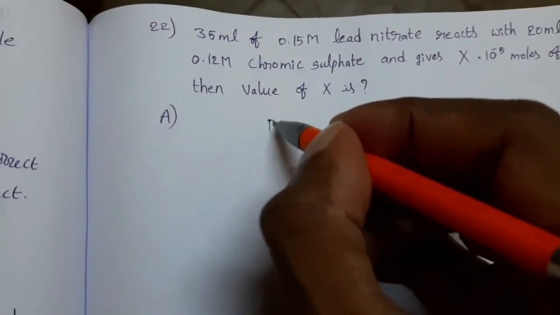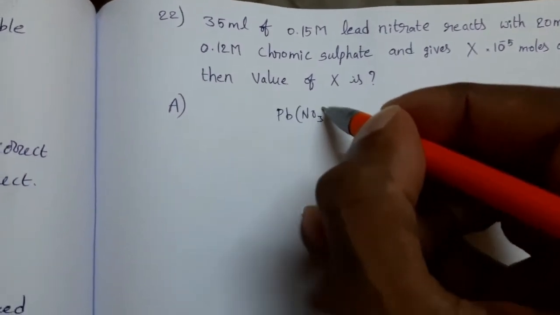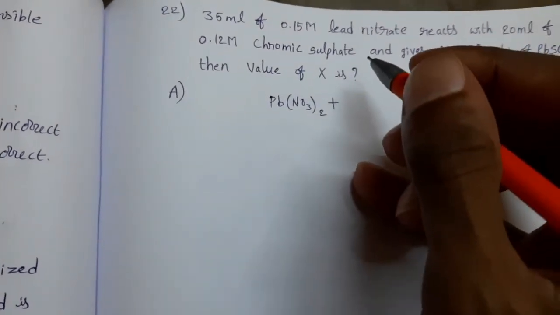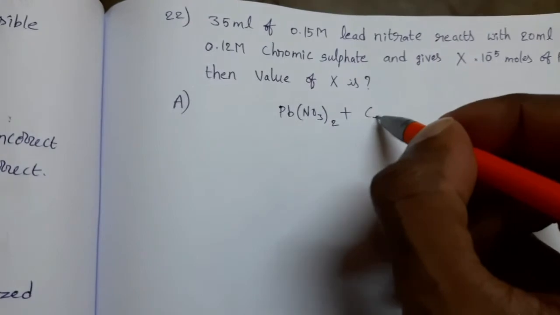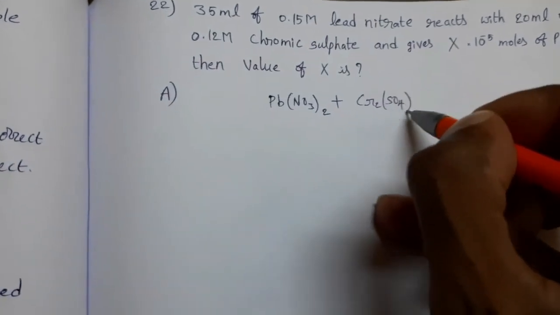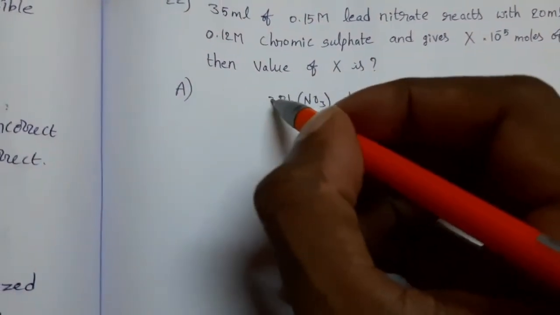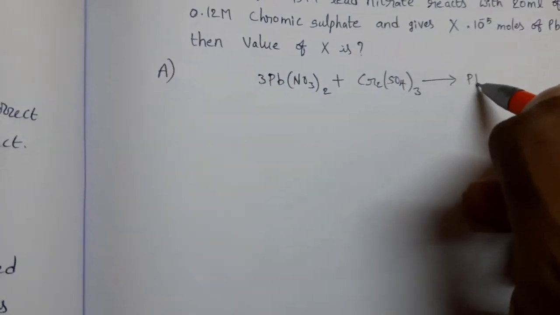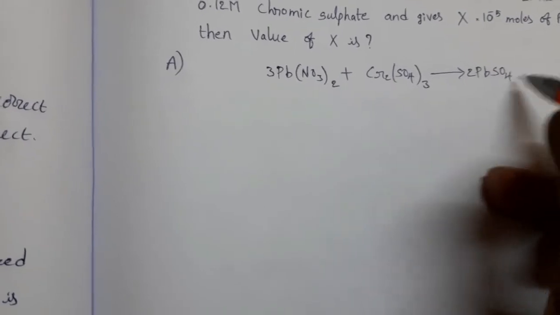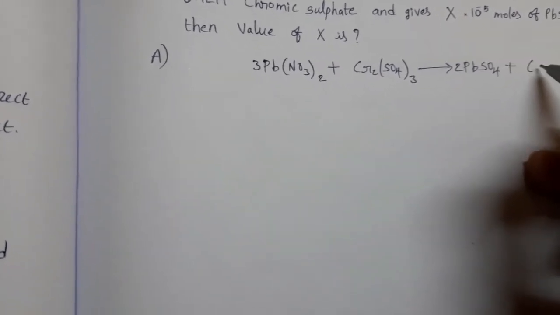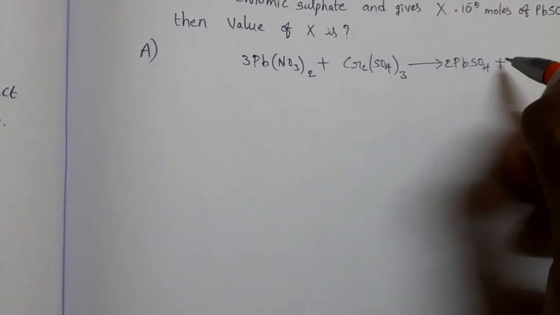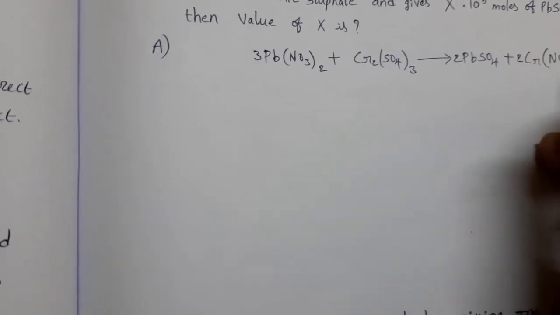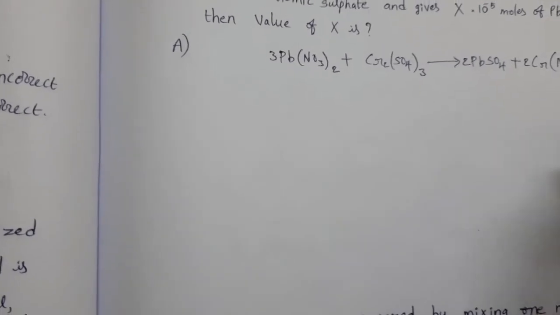Write the reaction: 3 Pb(NO3)2, lead nitrate, plus 1 Cr2(SO4)3, chromic sulfate, gives 3 PbSO4 plus 2 Cr(NO3)3.